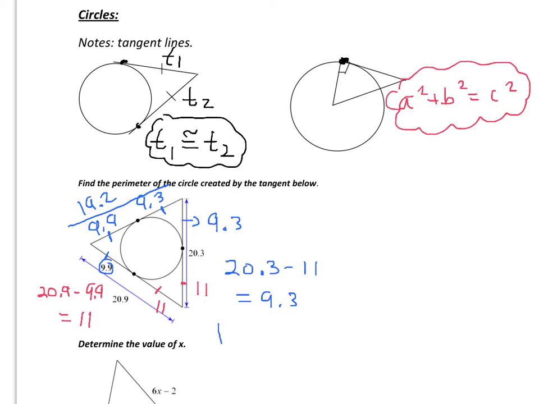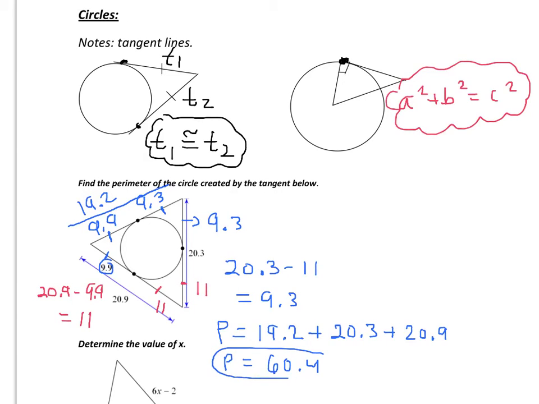So the perimeter equals 19.2 plus 20.3 plus 20.9. Once you enter that in your calculator, you should find that the perimeter is equal to 60.4. And there's our perimeter. That's what we needed to find, and that's our solution.